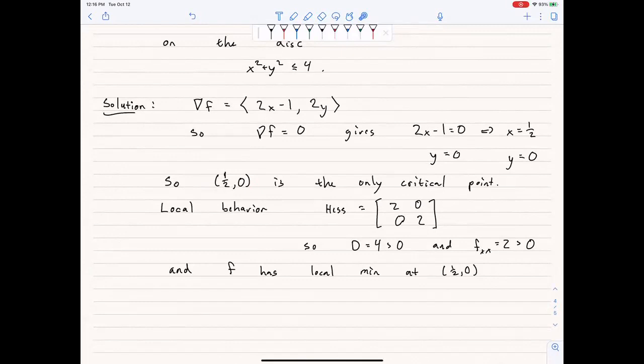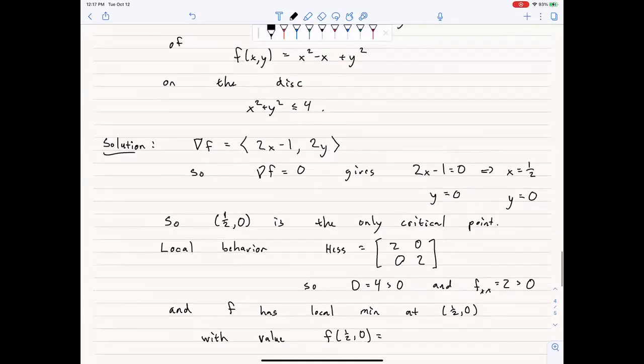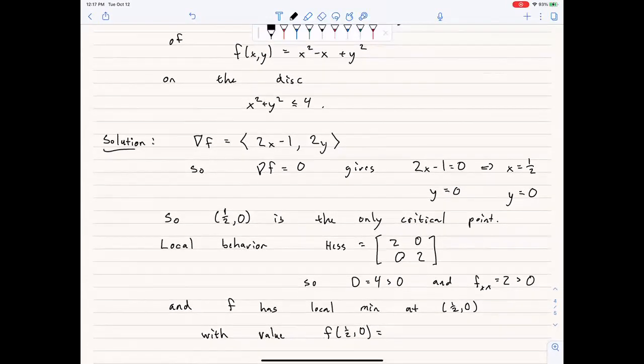If I want the critical value, I put it into F. So F has a local min at this point, but the critical value, the local minimum value, is just F of (1/2, 0). Going back up, we get 1/4 minus 1/2, so that's negative 1/4, plus 0, so that's negative 1/4.